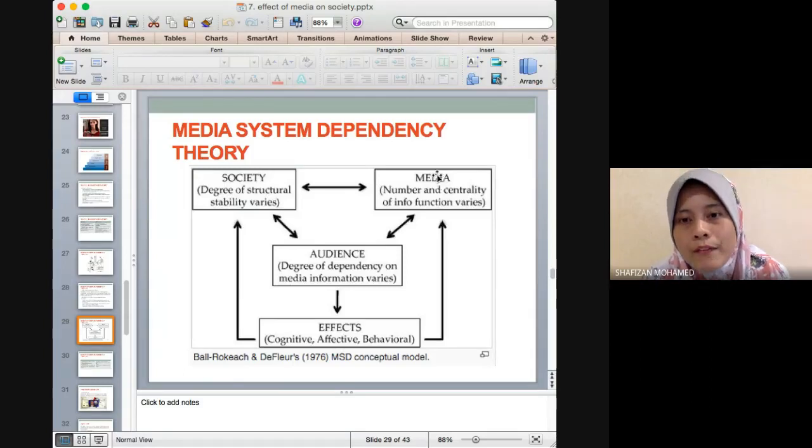Because you have a society, like in Singapore, a very technologically advanced society, where everything is very dependent on the media. So then you have a very dependent society, and this media will affect the way they think, affect the way they behave, and affect the way they feel.